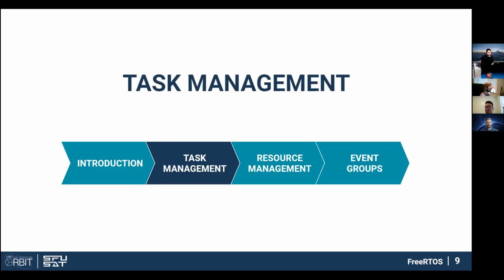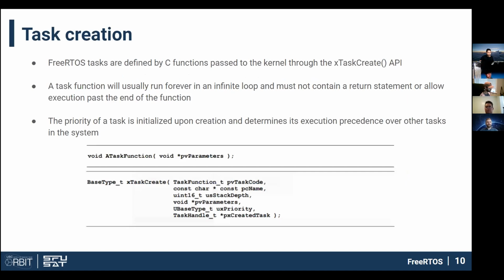Task management. Okay. So in FreeRTOS, a task is defined by its C function that you pass to the scheduler when you create the task. Your function has to abide by the signature defined for a FreeRTOS task, which is returns void and takes a void parameter.